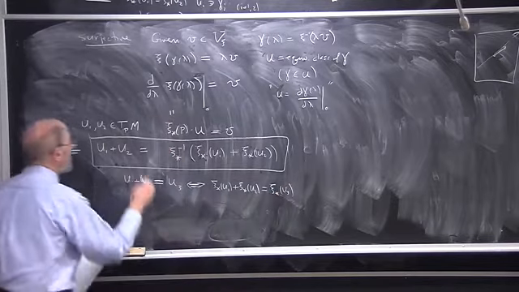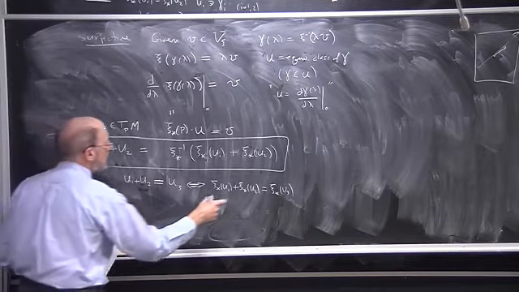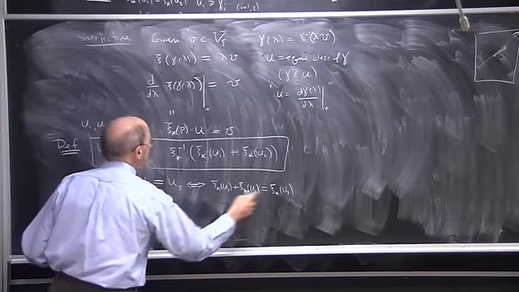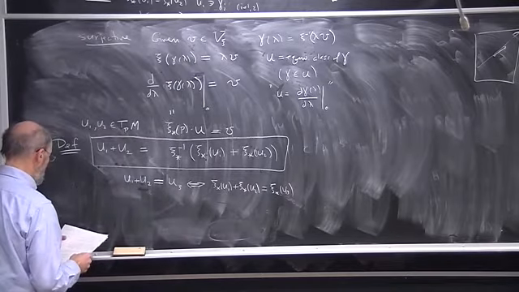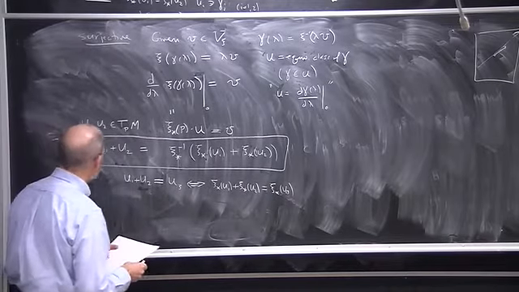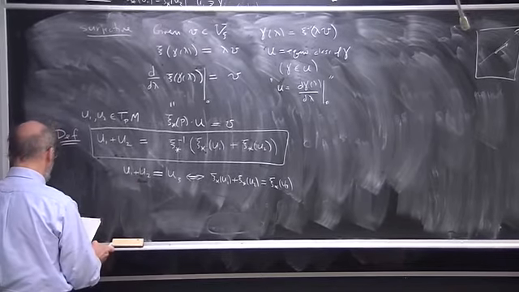That's another way of saying what the definition is. This directly defines U1 plus U2. This tells you when some vector is the sum of the other two. So if you think about it, these are trivially the same statement.